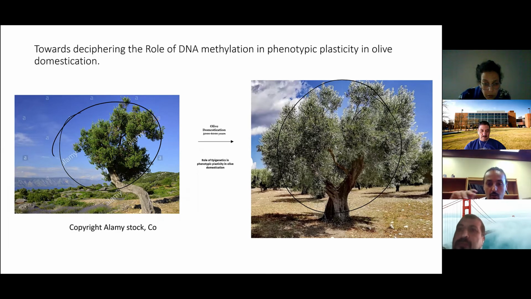Can you see the circles on the pictures? Yes. So on the left, it's a wild olive tree, and on the right is a domesticated one, a cultivar. And you can tell. But imagine if you have thousands of those cultivars, how are you gonna separate them?